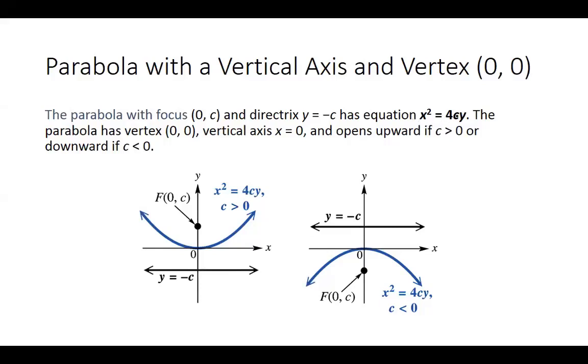X squared is equal to 4cy when the focus is inside the parabola and the directrix is, in this case, y equal to minus c. The parabola has a vertex at (0, 0), vertical axis x equal to 0, and opens upward if c is greater than 0, or opens downward if c is less than 0, as you can see in these 2 figures.